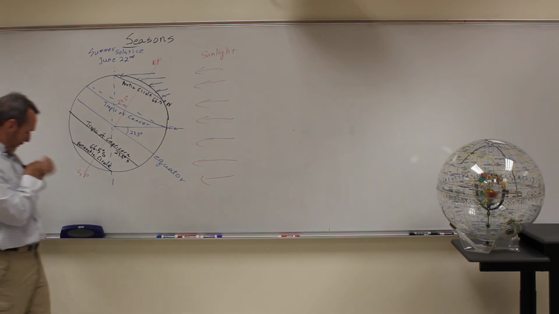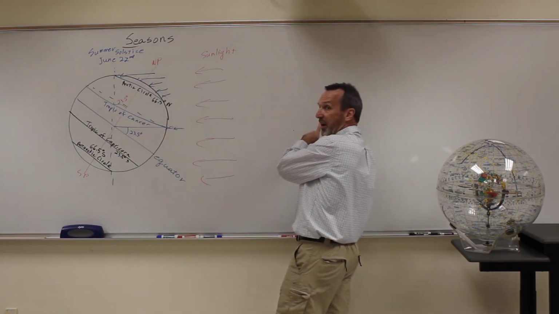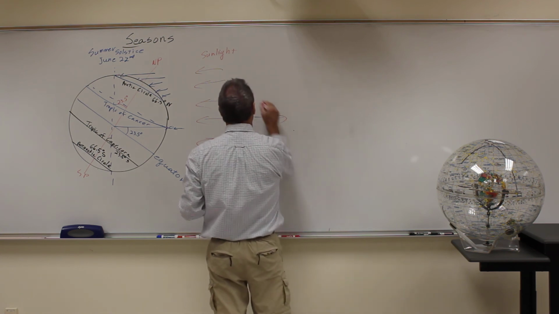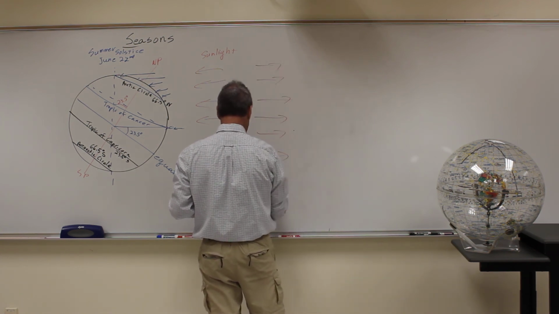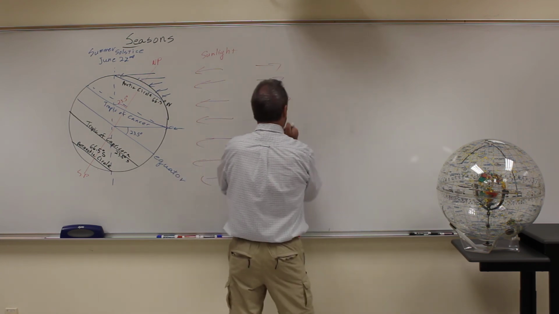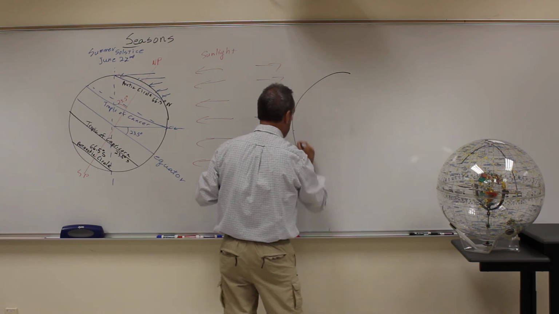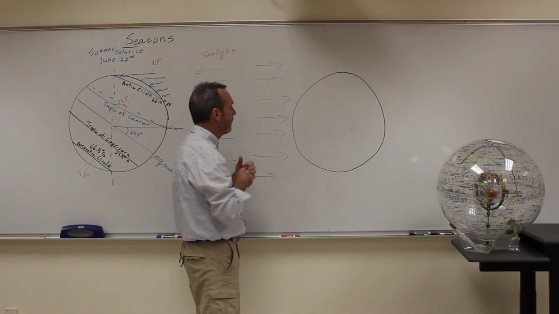But now let's do the same thing when the Earth is on the other side of its orbit. When it's on the other side, sunlight's now coming this way. And now our Earth is over here. Okay.